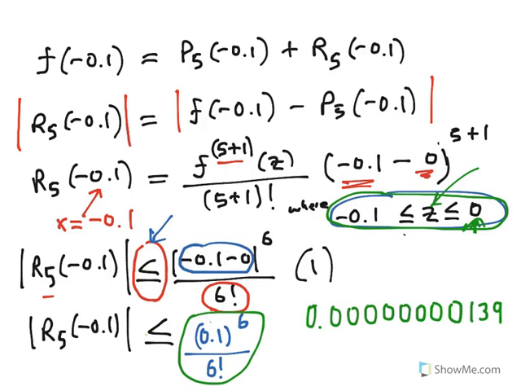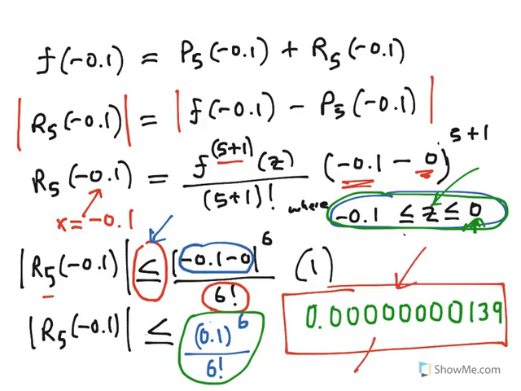And our work with Taylor's theorem puts a numerical value to the accuracy of our approximation, telling us that our approximate value for e to the negative 0.1, using the fifth degree Taylor polynomial centered at 0 that approximates e to the x, can be off from the exact value by an amount no greater than this.